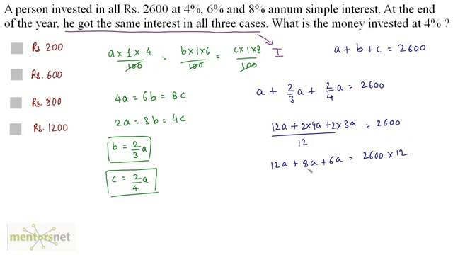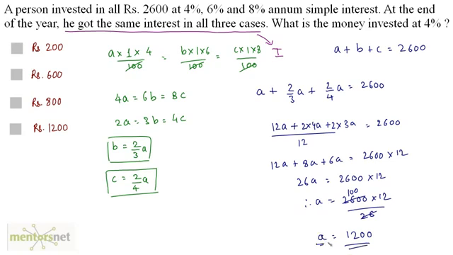So 12A plus 8A is 20A plus 6A is 26A, and that's 2600 times 12. So therefore A is equal to 2600 times 12 by 26. So cancelling out this gives you 100. 100 times 12 is 1200, and that is the amount invested at 4%. So option D is the correct answer.